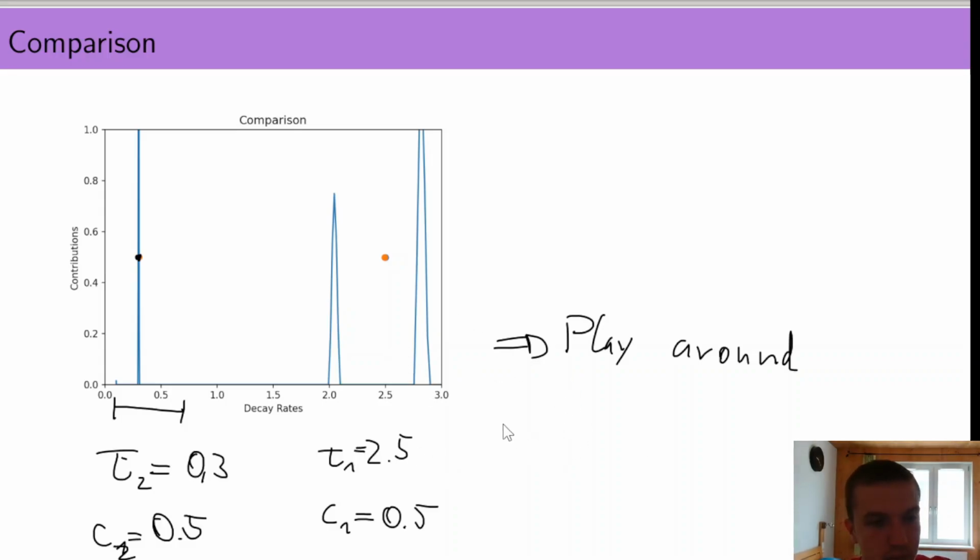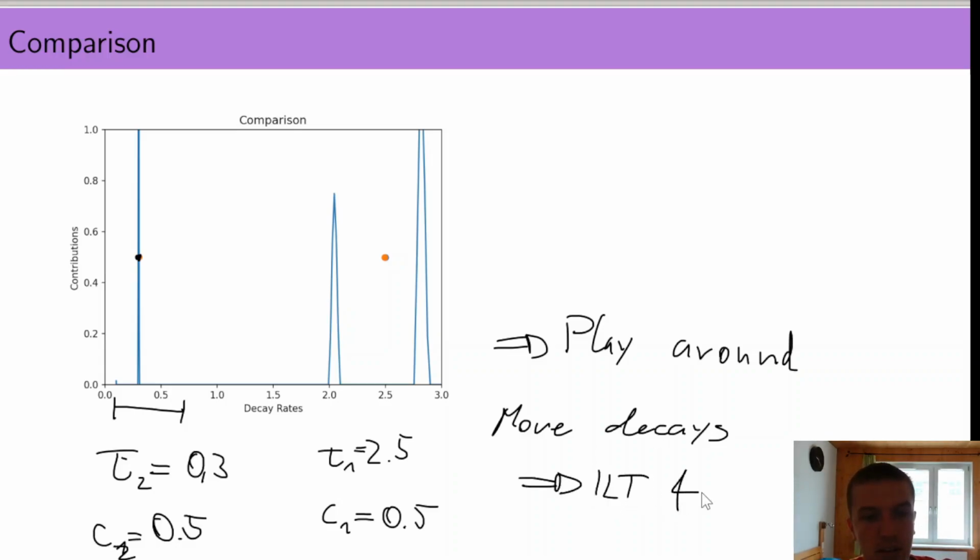So more decays means that the inverse Laplace transform is favored. But this is just a trend that I observed while playing around. You can do more rigorous research on that.